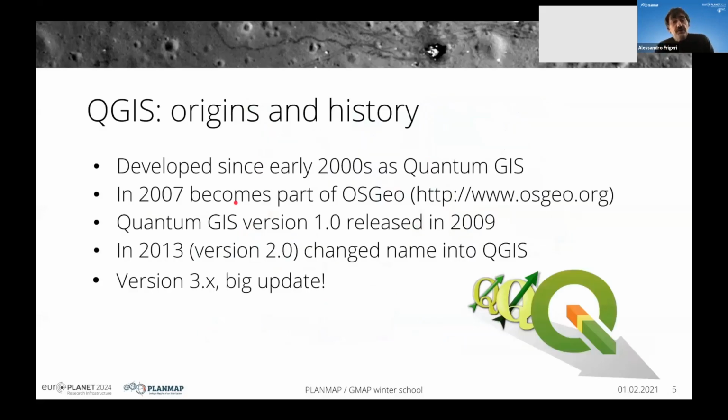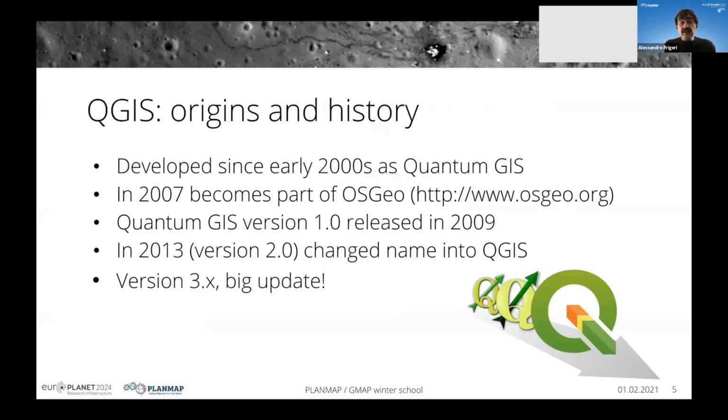So QGIS, where does this software come from? QGIS was born in the early 2000s as Quantum GIS. And in 2007 it becomes part of the OSGeo Foundation, a big umbrella which basically holds different projects together.